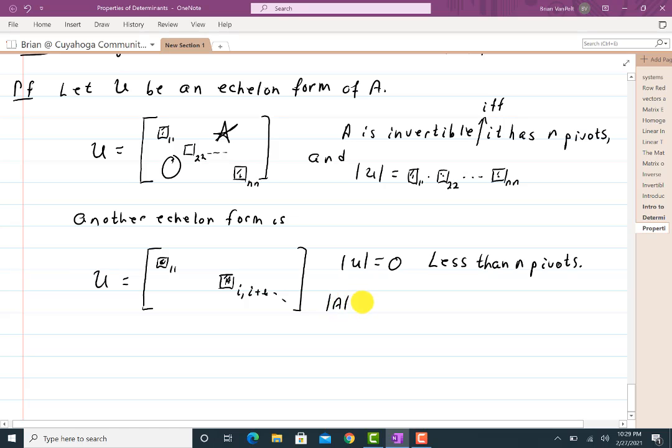And the determinant, A is invertible if and only if it has n pivots. And so in this case here, we have less than n pivots. A inverse doesn't exist.